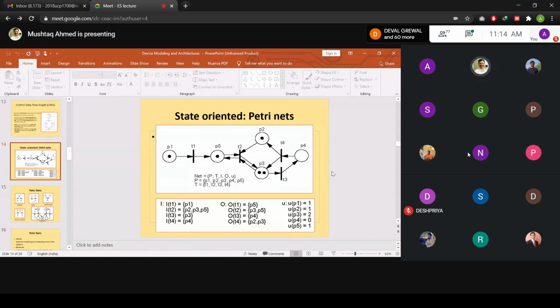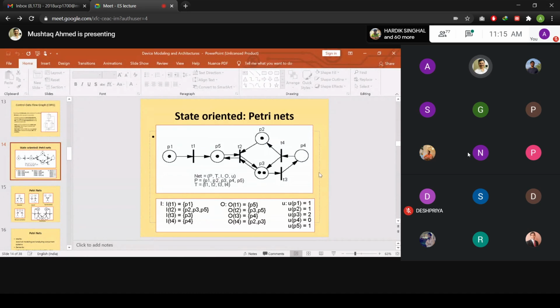In that case, even though the triggering is done, the system is not able to perform the operation because that input is not available. So here is the situation where P4 is unable to make a transition from P2 because the token is not available.